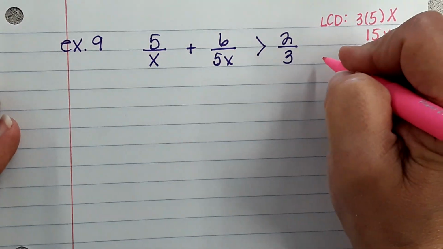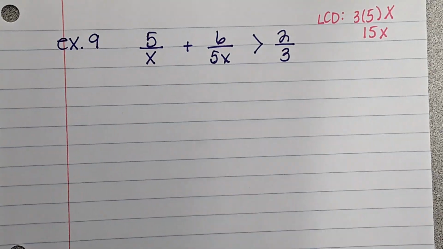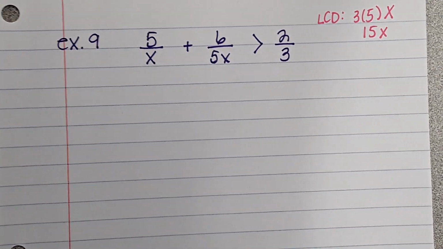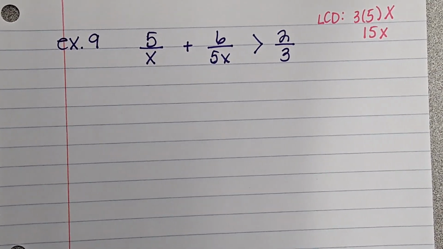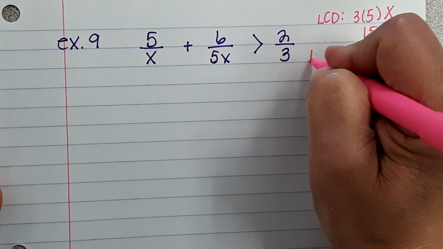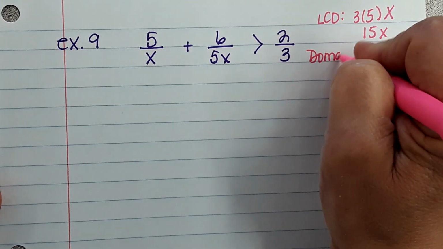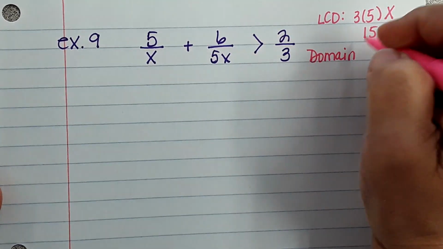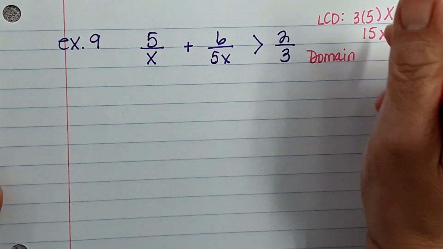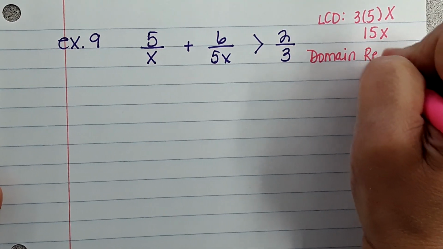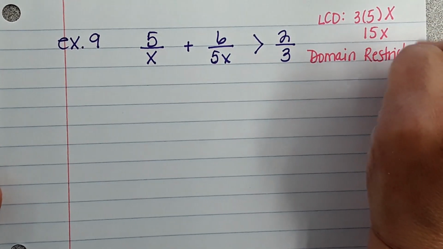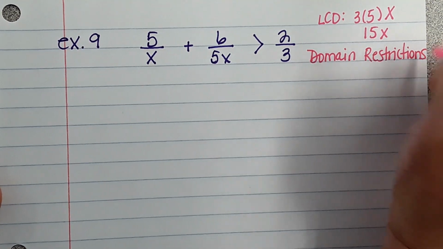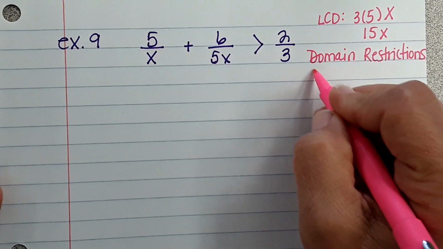The next thing we need to do is find the domain restrictions, okay? The domain restrictions are based on the denominators. You're going to take x and set that equal to 0.